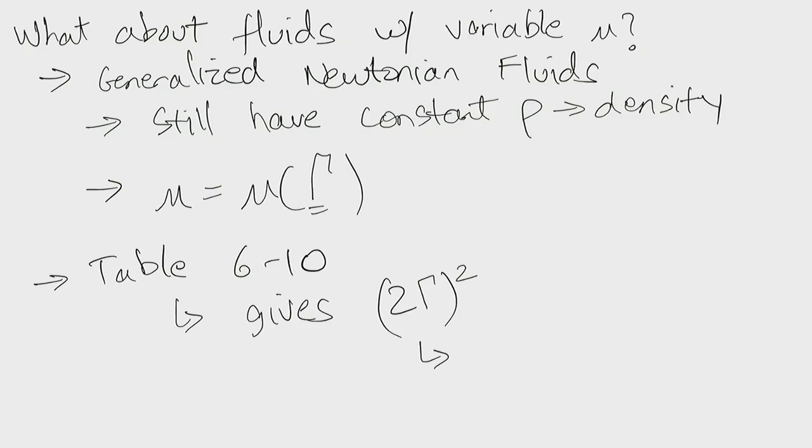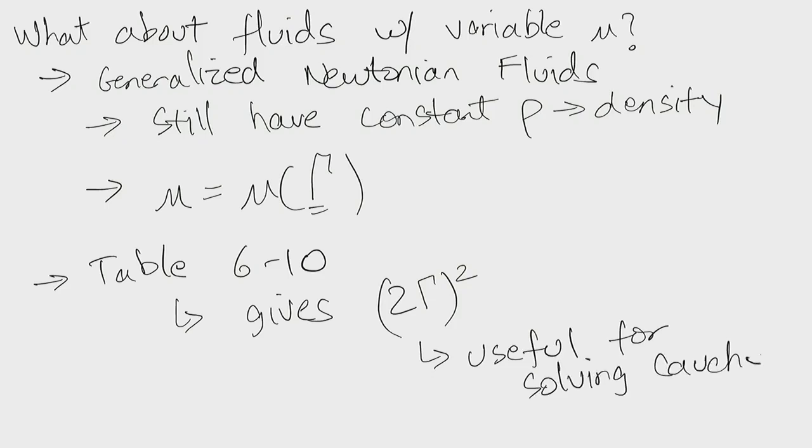And this ends up being useful. The form that it's provided to us is useful for solving the Cauchy momentum equation. We'll go through a few examples, so hopefully it will be a little bit more clear.